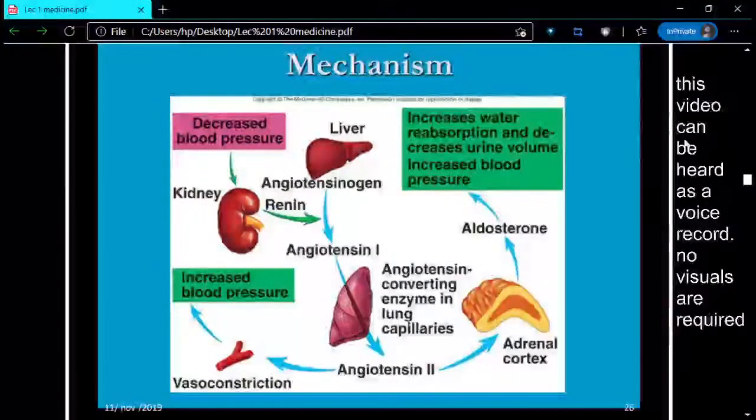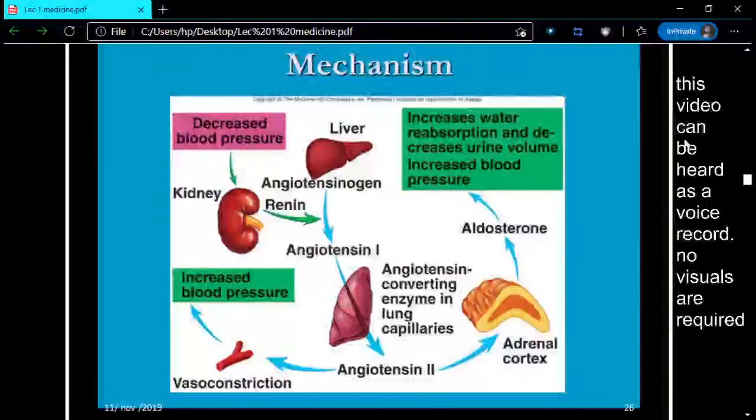Next, angiotensin 2 stimulates the adrenal cortex to produce aldosterone, which increases water resorption, decreases urine volume, and increases blood pressure.